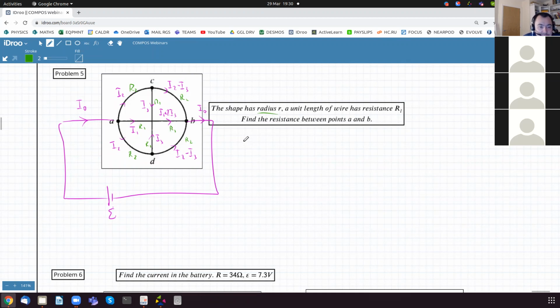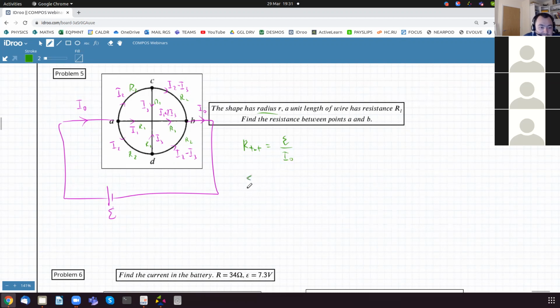So the total resistance is going to be EMF divided by I0. This is what you're looking for. And all you need to do is just express, you need to find I0. I0 is the thing that you're looking for, and it will be expressed in terms of EMF.